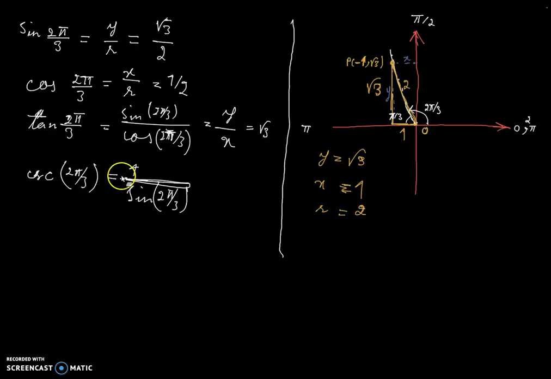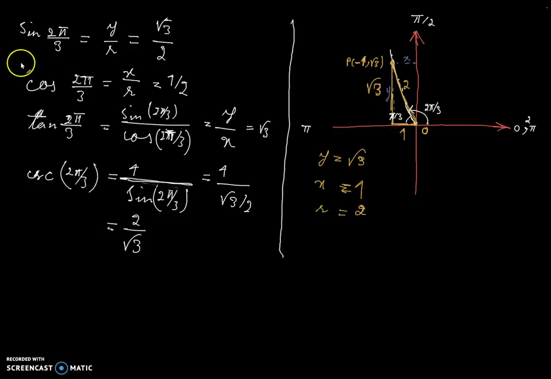So sine 2 pi by 3, which is right here, 1 over root 3 by 2, which would be equal to 2 over root 3. And the same thing happens here again.